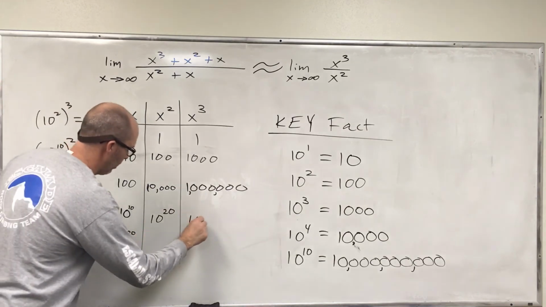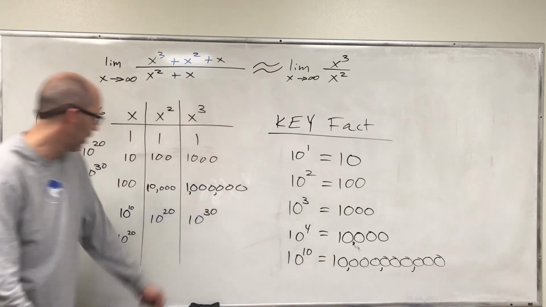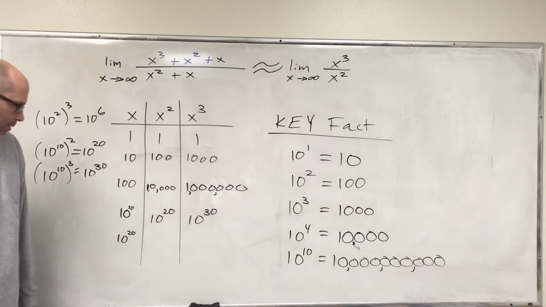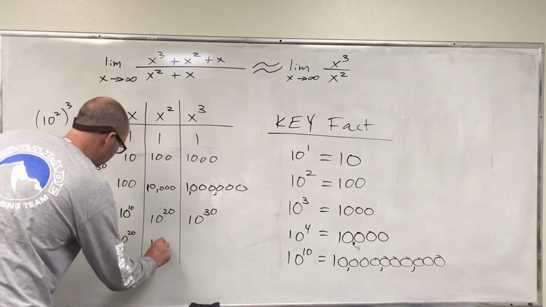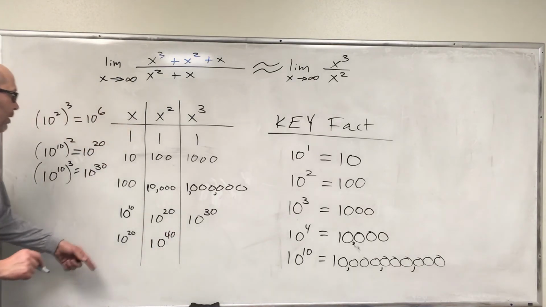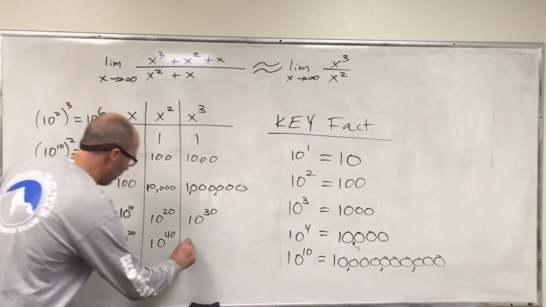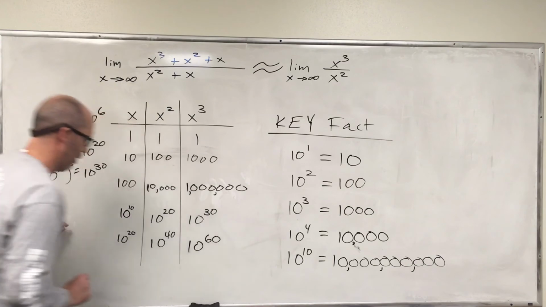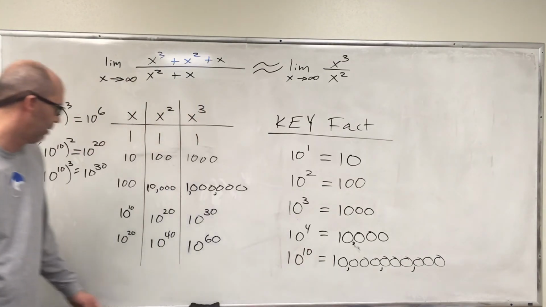That's huge, right? Remember, 10 to the 20 was gigantic, but 10 to the 30 is even bigger. So 10 to the 20 squared is 10 to the 20 times 2, 10 to the 40. 10 to the 20 cubed, let's see, 20 times 3, that's 10 to the 60. Gigantic, so big it's ridiculous.